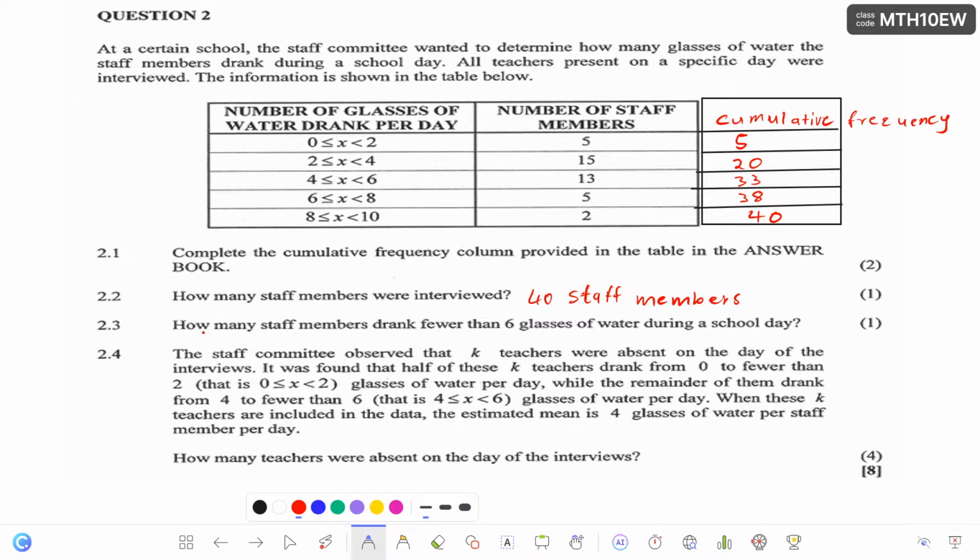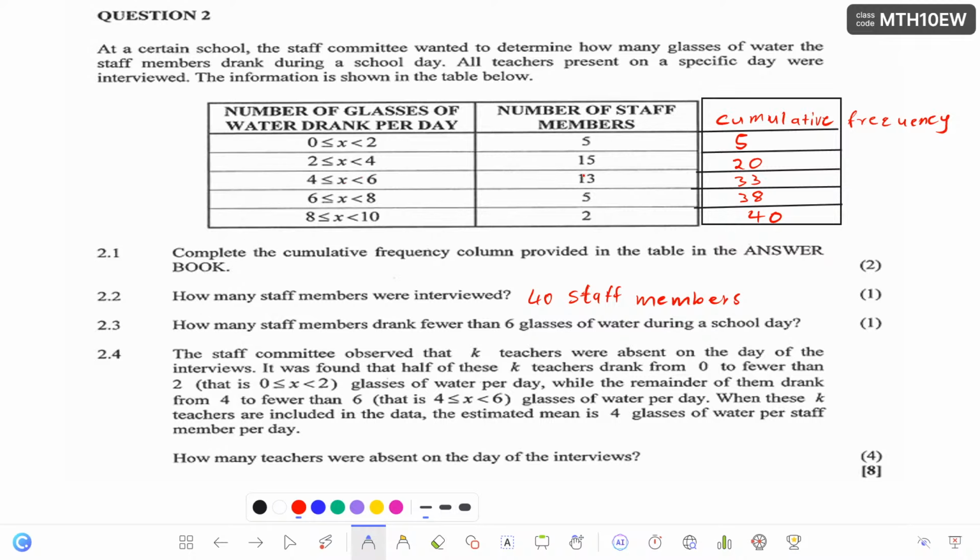They said how many staff members drank fewer than 6 glasses of water during a school day. So okay, checking our table, let's take X as the number of staff members that drank fewer than 6 glasses of water during a school day. We can see that here X is fewer than 6.